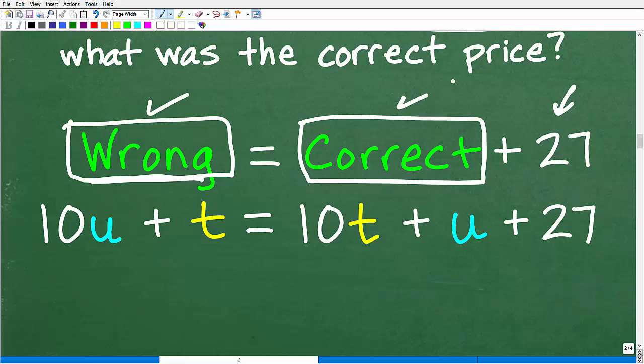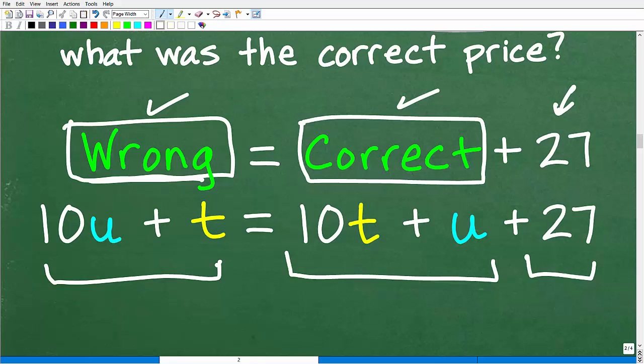So we're going to plug these in, and here is our wrong price. Remember, our units and our tens digits are flipped. So 10u plus t is a variable representation of our wrong price. Now, our correct price is this, 10t plus u, but plus 27 is going to be equal to the wrong price.